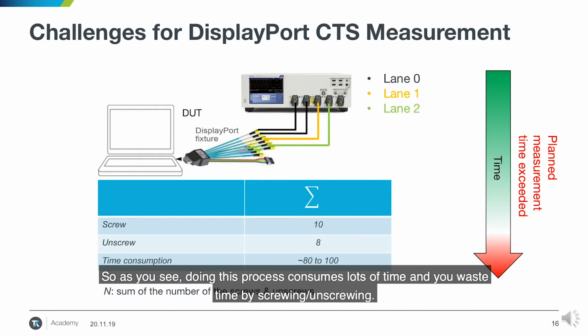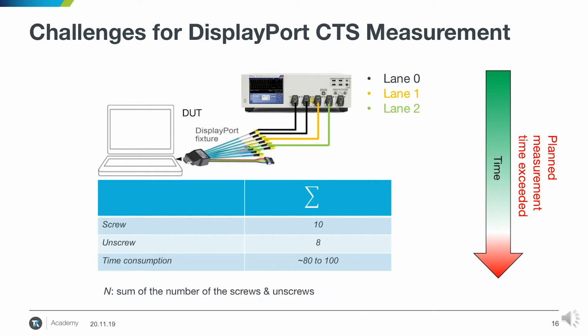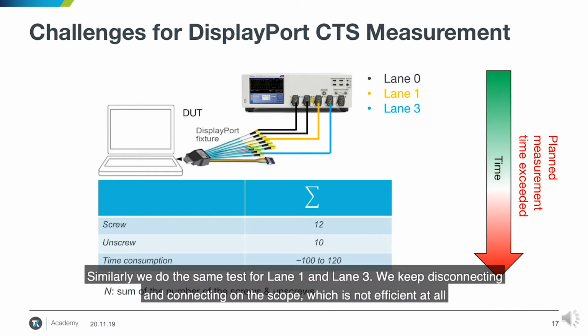So as you see, doing this process consumes lots of time, and you waste time by screwing and unscrewing. The connector life is also going down. Similarly, we do the same test for lane 1 and lane 3.